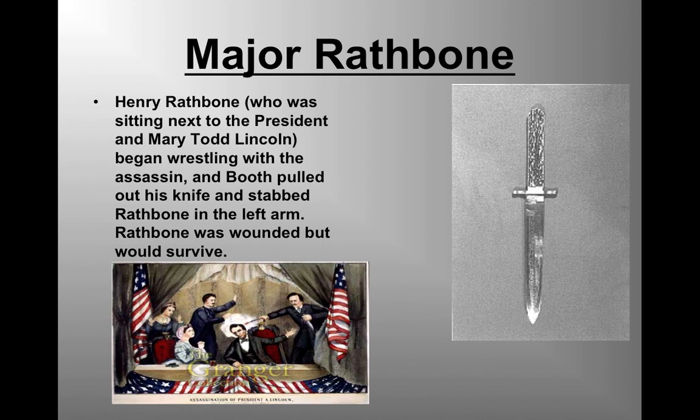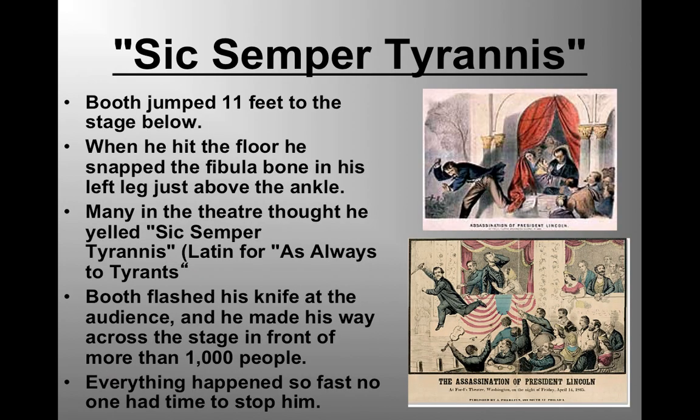And Booth pulls out his knife, this switchblade right here, and stabs Rathbone in the left arm. Now, Rathbone was wounded, but he did end up surviving this. But Booth had the idea, as you can see here, after he shot Lincoln, that he has this knife in the other hand to defend himself and to go even further. You can see Clara Harris, and obviously Mary Todd Lincoln watches her husband get shot right in front of her.